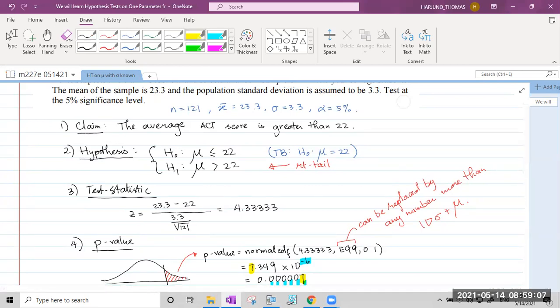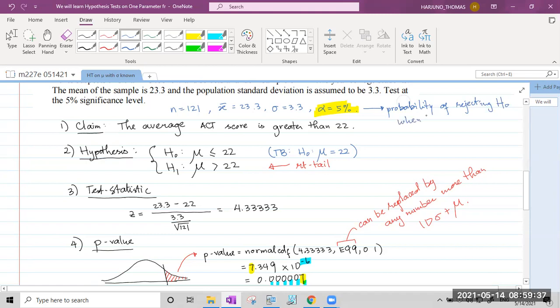Okay, what is alpha? Alpha is type 1 error. That's the probability of rejecting null hypothesis when it is true.